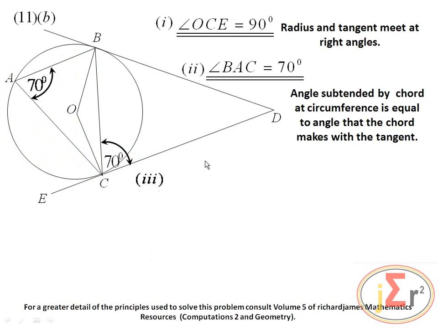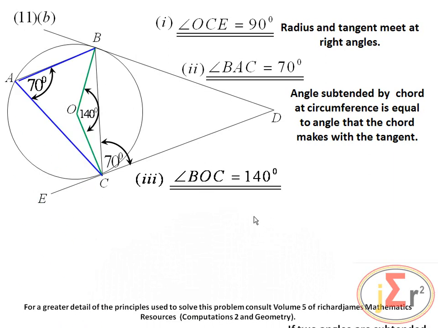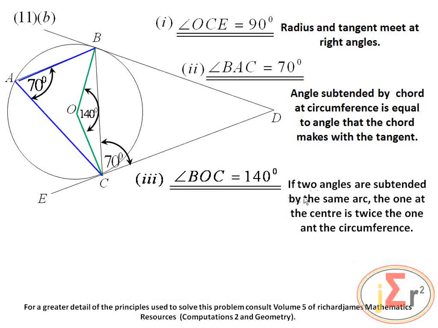Any more? Well, I guess BOC is equal to 140 degrees. Is there a reason for that? Yes. If two angles are subtended by the same arc, the one at the center is twice the one at the circumference.